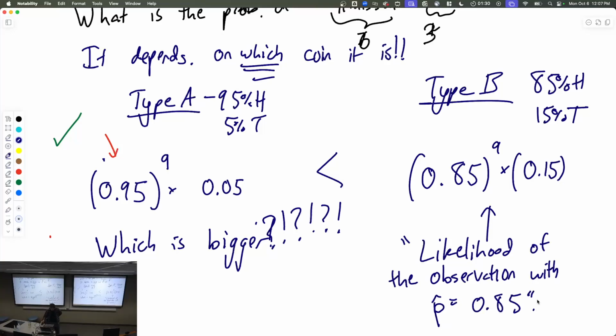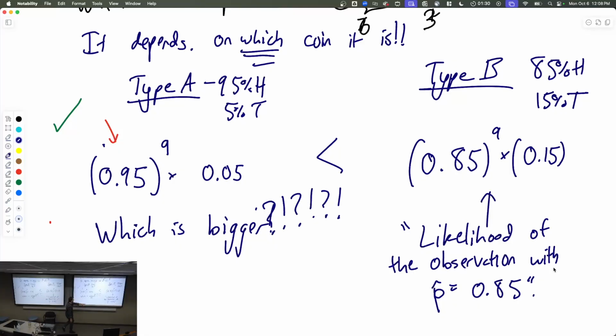In other words, given our estimate of 0.85, which was the type B point, we calculate the likelihood by asking what would be the probability that the thing we saw would happen if we took our estimate as the true thing. And this is the likelihood of p hat equals 0.95.